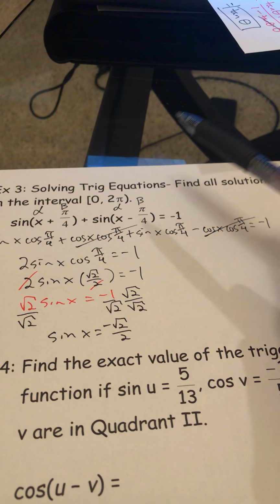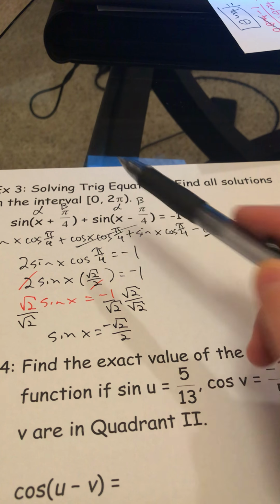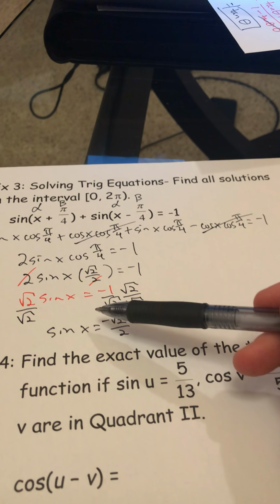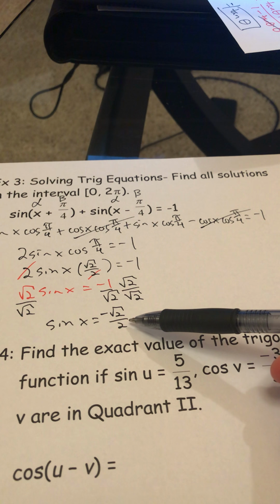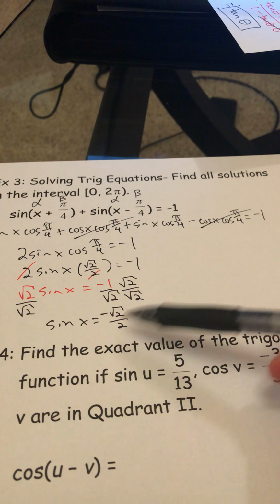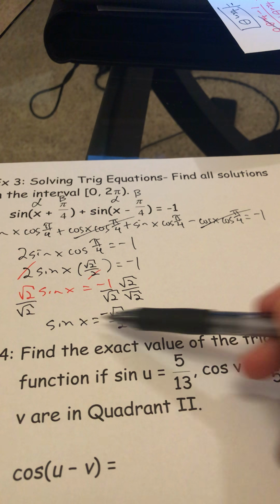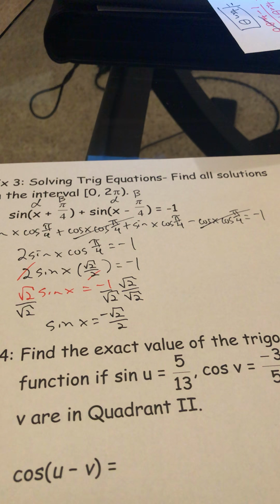If you notice, it says we are finding all answers in the interval 0 to 2 pi, so this is going to involve some of our exact values. Sine of x equals negative radical 2 over 2, so basically what this is referring to when we use our unit circle: sine is your y value, so we're looking for every spot on the unit circle where the y value is negative radical 2 over 2.